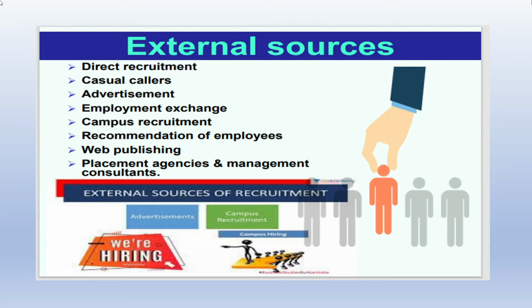The notice clearly specifies the date on which the job seekers may appear for interview. The candidate is selected out of the people assembled for the interview on the specified date.